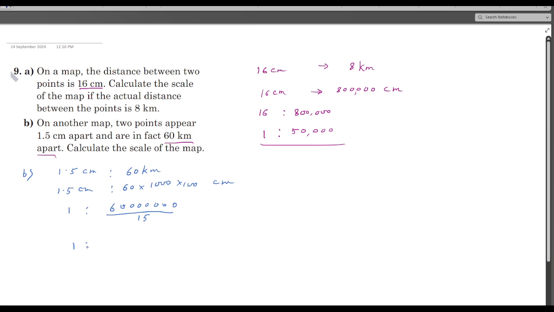So this is 1 ratio. Now 15 4s are 60, so it is 4000000. So it is 1 ratio 40 lakh. Or it is 1 ratio 4 million.